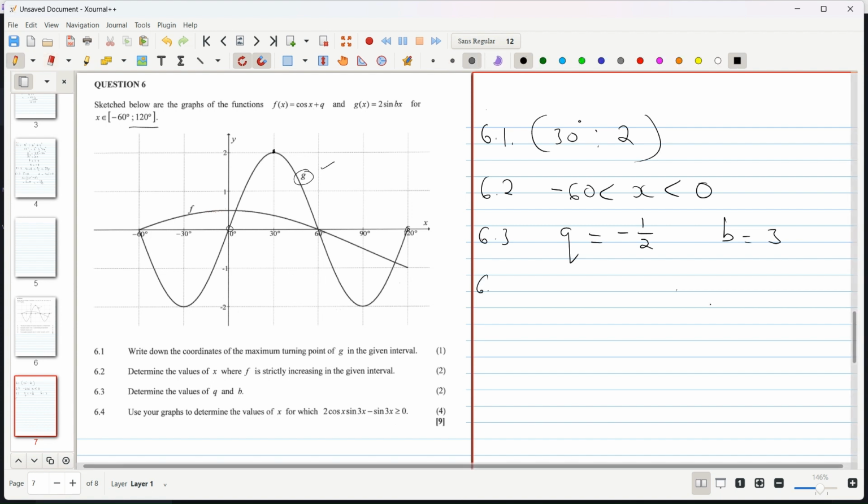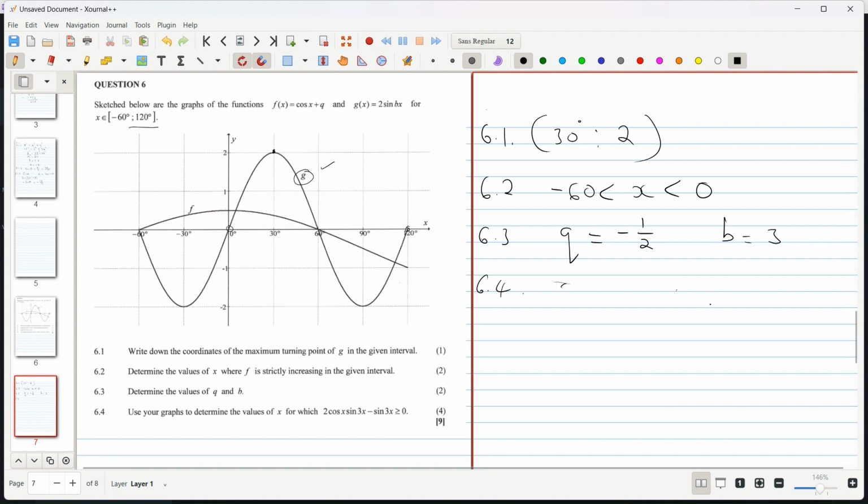So moving forward to 6.4. We need to use the graph to determine the values of x for which 2 cos x sin 3x minus sin 3x is greater than or equal to 0, right?